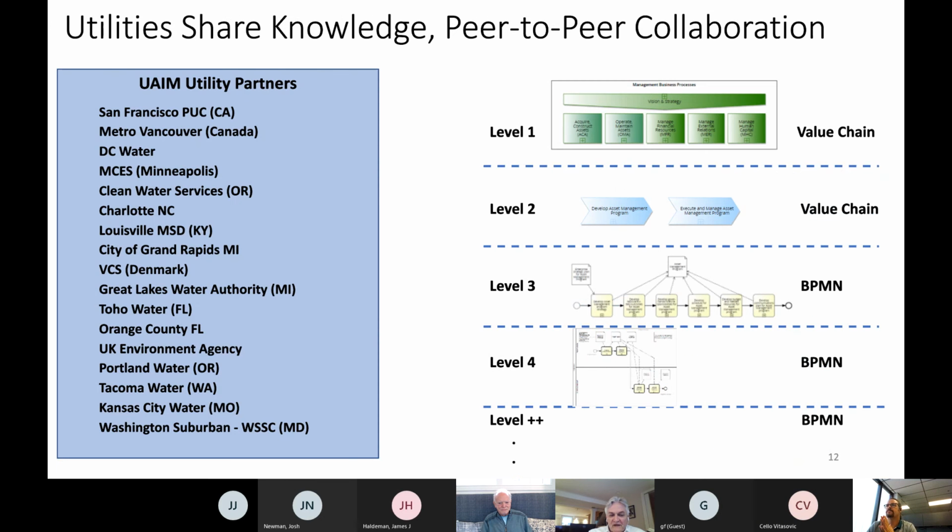We just wanted to point out that one of the things we did in the past, again, with the help of all these utility partners over on the left, is we built a reference model for water. And it was, again, very broad based. So at the very top level, we defined a number of very generic processes that always occur in every utility.